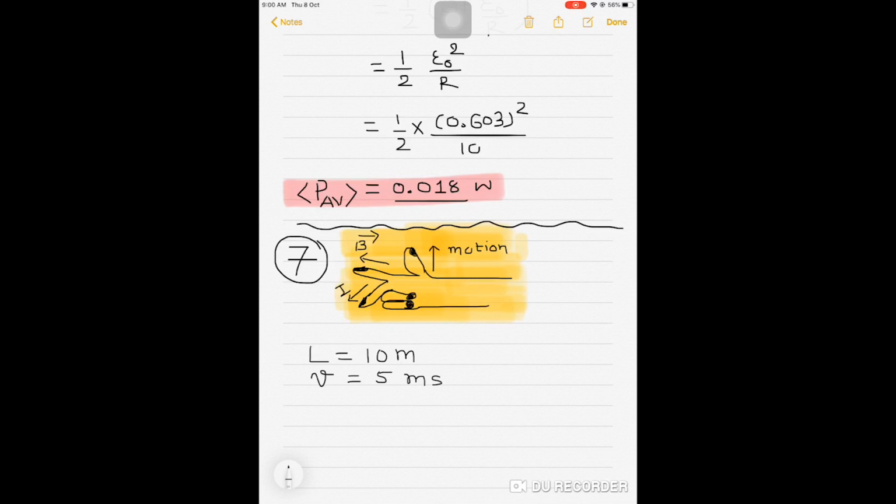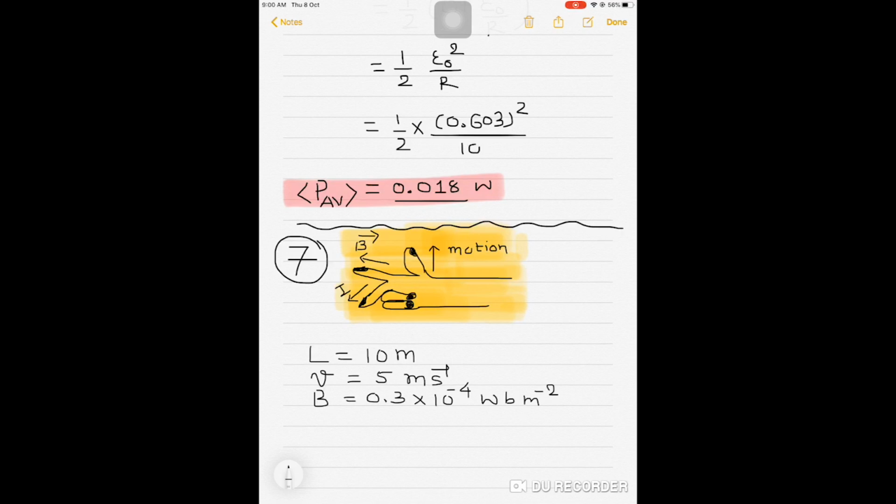It is at right angles to the horizontal component of Earth's magnetic field, and that magnetic field is given, that is B, 0.3 into 10 raised to minus 4 Weber per meter square.